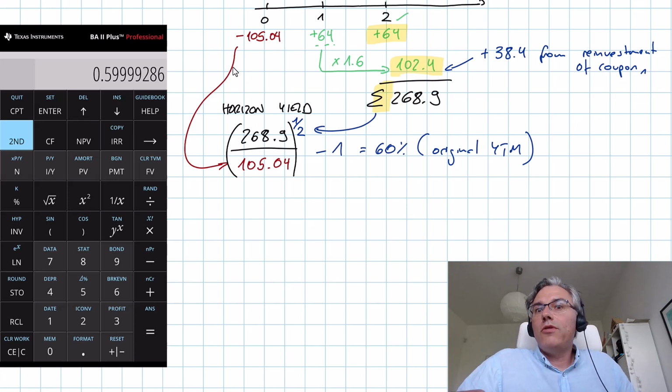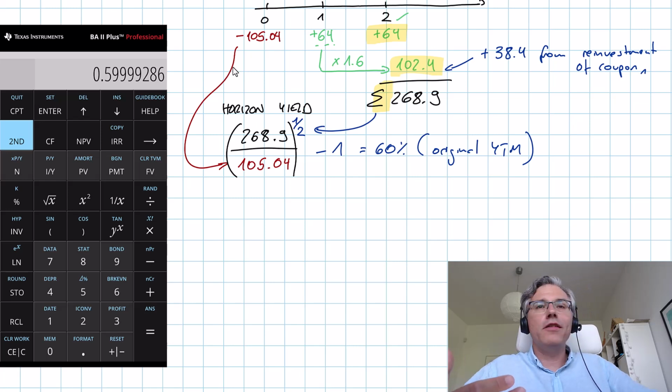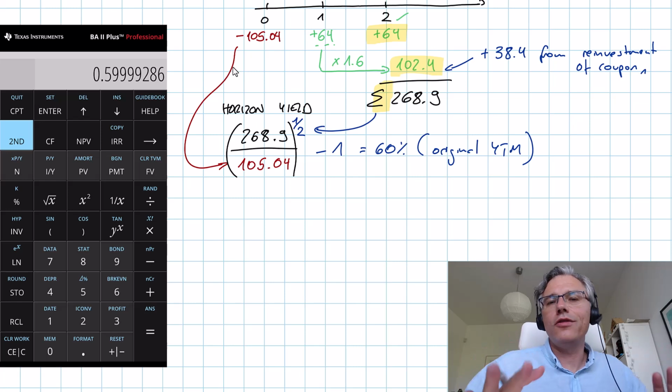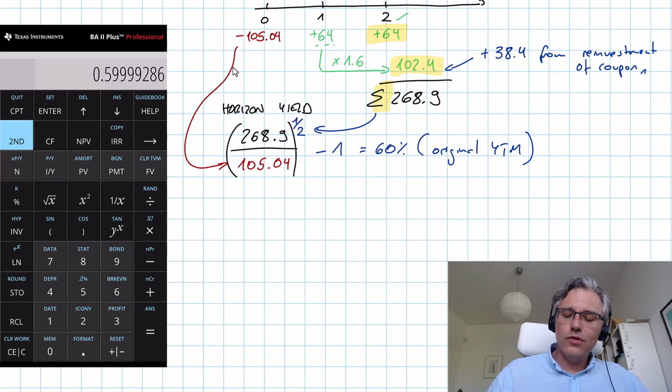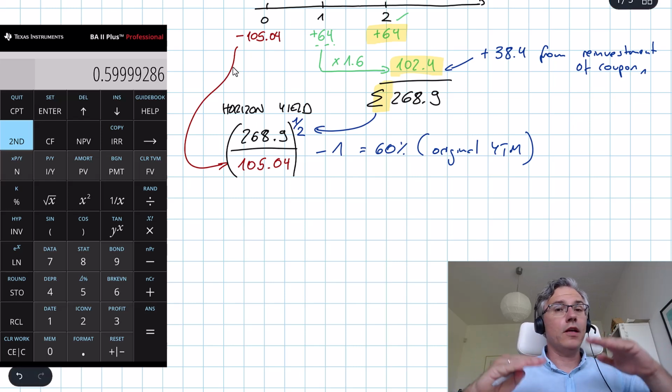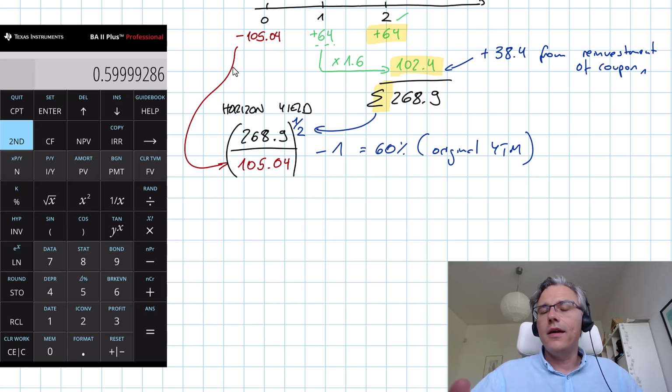Even if you sell the bond prematurely ahead of the maturity date, providing interest rates have not changed, you'll still realize a horizon yield, an investment rate that is equal to your original YTM, under the condition that the bond is sold at the same yield as when the purchase was made.